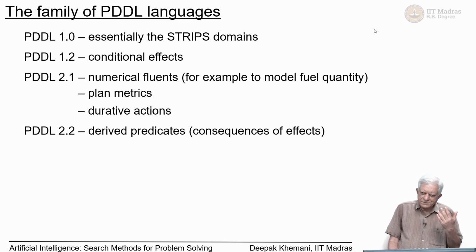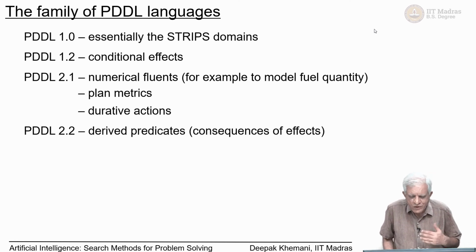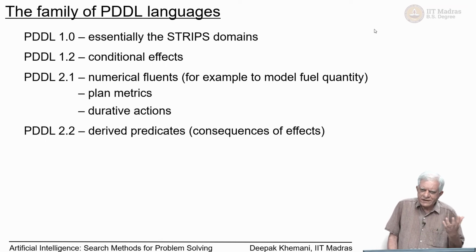So, for example, if you are living in a warm city like Chennai and suddenly you were to bring a large block of ice and keep it in a room, then the consequence of that is that the room temperature will come down.